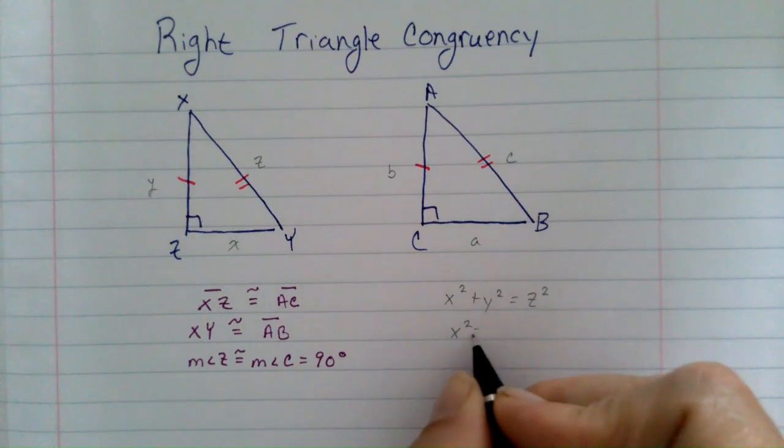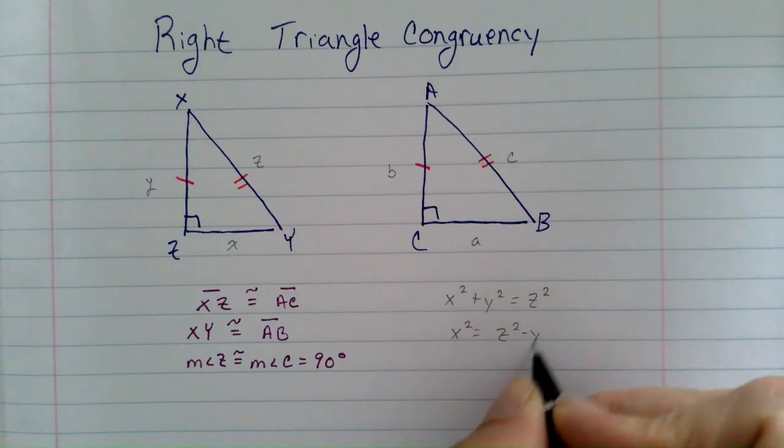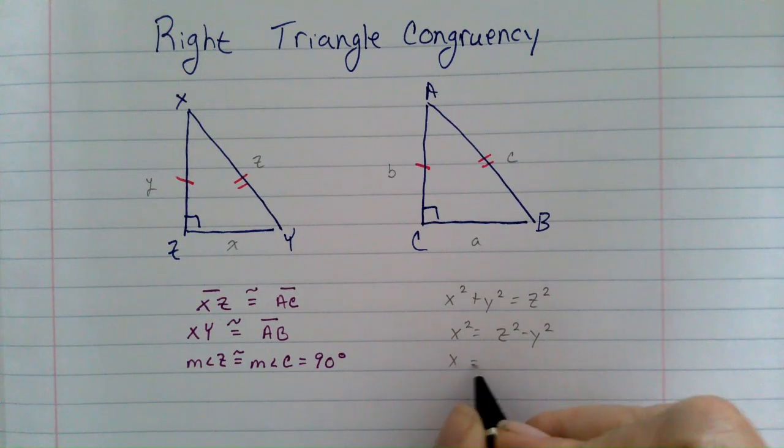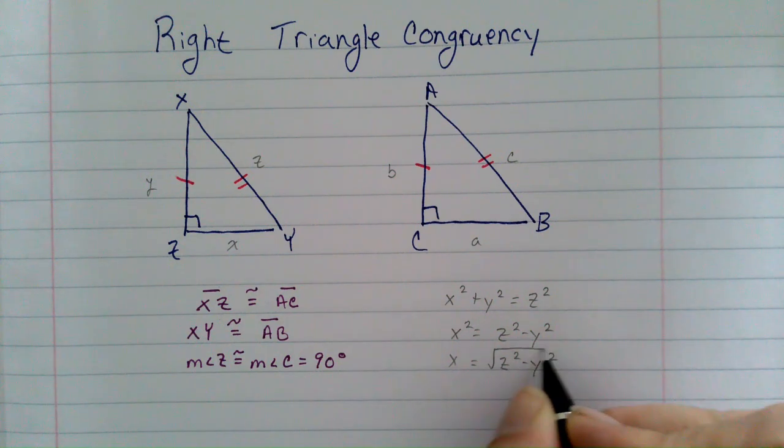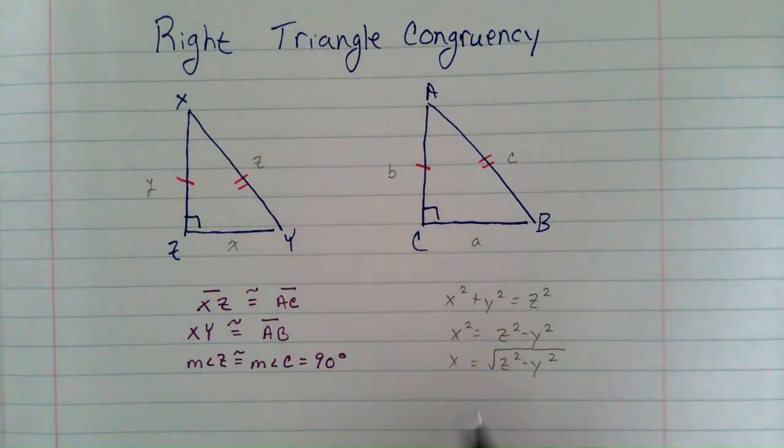So x squared would equal z squared minus y squared. So x would be the square root of z squared minus y squared. So x was really line YZ. Lowercase z was really XY, and lowercase y was really XZ.